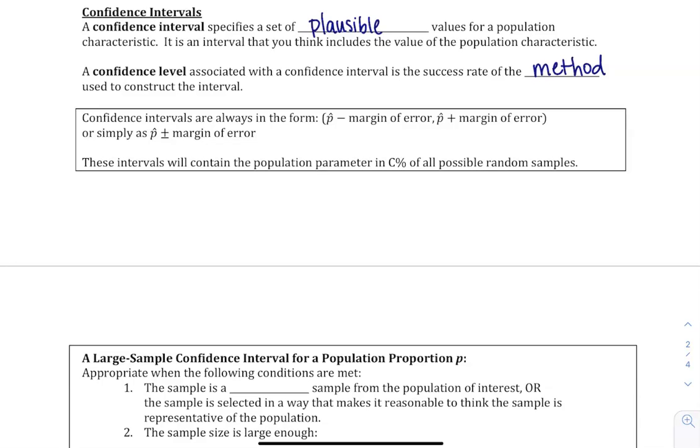What those confidence intervals will do is we are confident that these intervals will contain the population parameter in C% of all possible random samples. If we were to do this method for every single possible random sample, then whatever percentage we've chosen, say 95%, 95% of those intervals will contain the true population parameter.